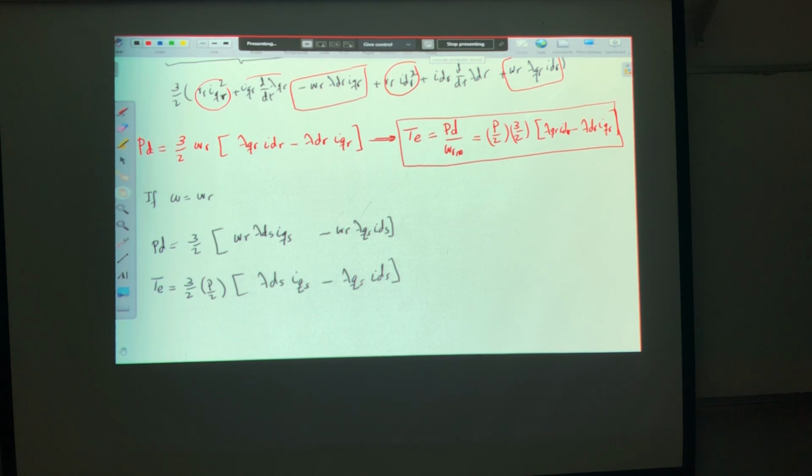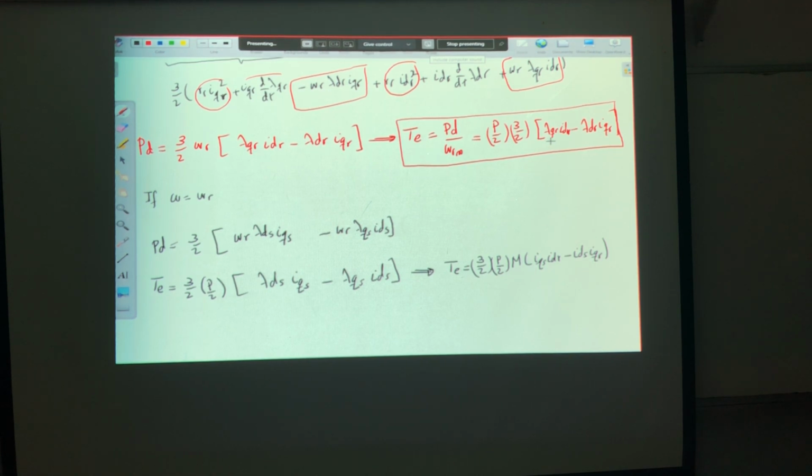Now, if I express the torque in terms of the current, not the flux linkage, I can write Te as 3 over 2, P over 2, iqs idr minus ids iqr. So here it's described in terms of the current.